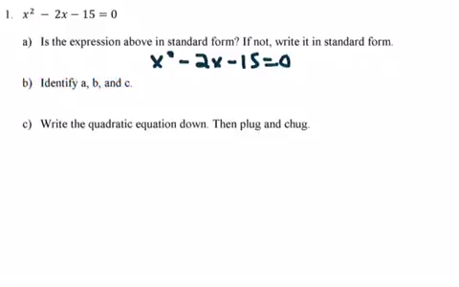So what do you think our A is in this expression? So hopefully by now you know that the A is the number in front of the x squared. And in fact, let me just write up here at the top the general form of a quadratic that is in standard form. So we've got ax squared plus bx plus c is equal to 0.